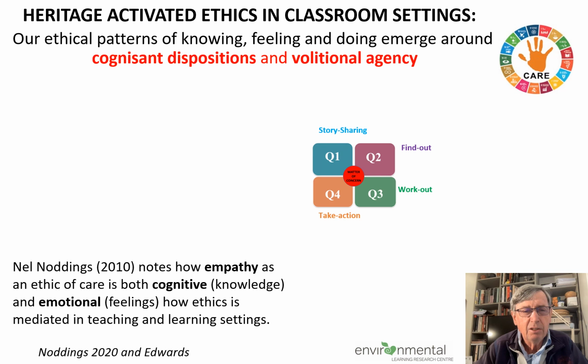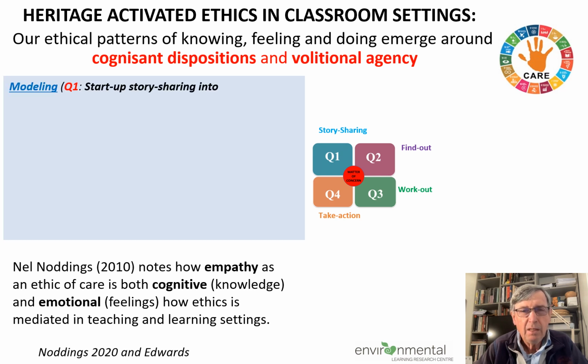So Noddings notes from a theoretical point of view that empathy, feeling for others, as an ethic of care, is both cognitive, in other words, it involves knowledge, and it involves emotions and feelings. And it's mediated in teaching and learning settings in diverse ways. So we can start off with modeling, and modeling comes with quadrant 1 and a story, the story sharing of the students.